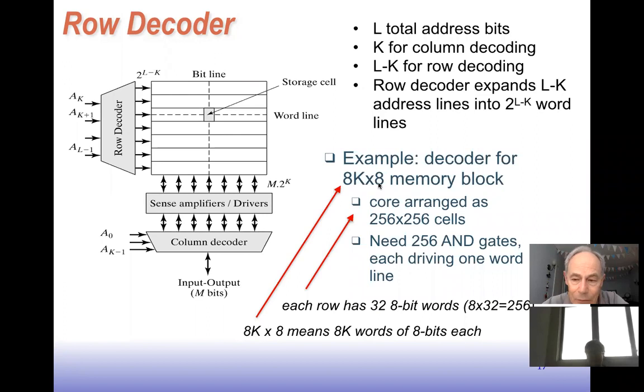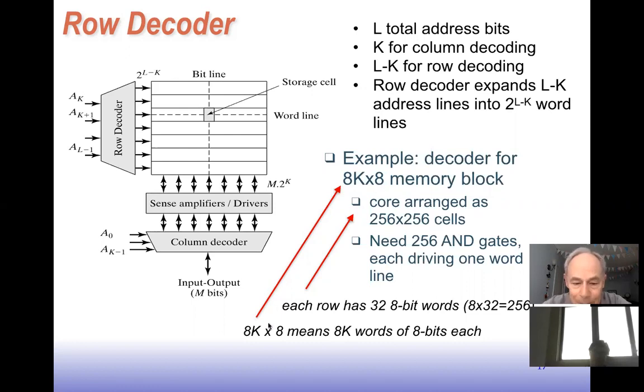The by 8 means the width of the memory. So this particular memory configuration has 8-bit words. We could imagine 16-bit words or 32-bit words, or even 1-bit words if we wanted to. For this example, I'm saying 8-bit words.